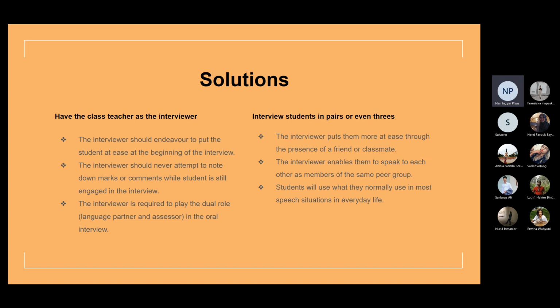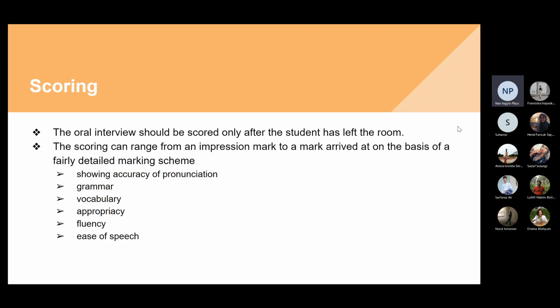As they start using everyday speech, the teacher will be able to give a score that better reflects the ability of the students in their real life. So these are the solutions to the situation.